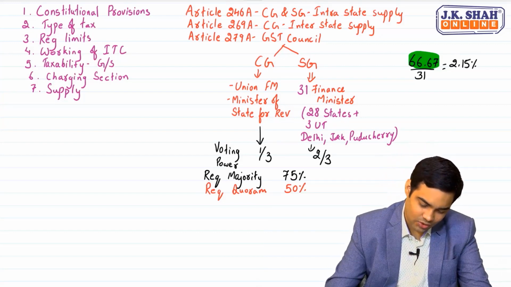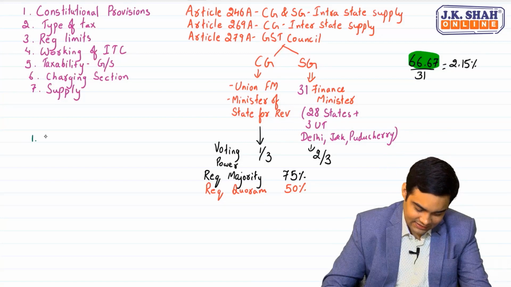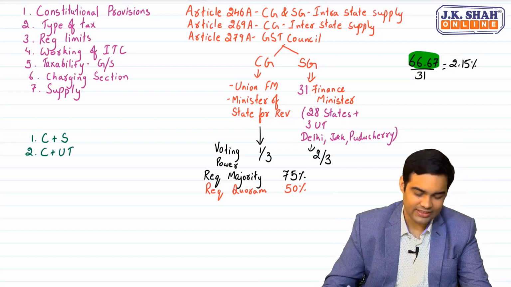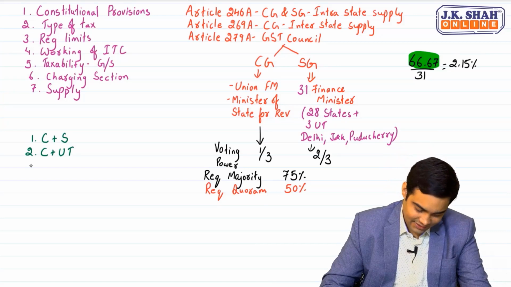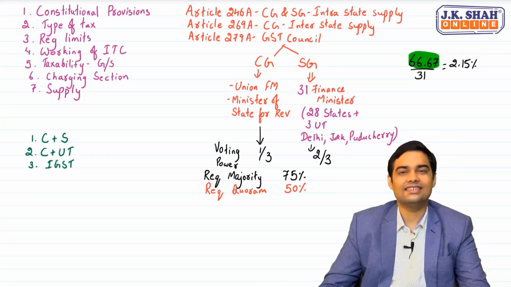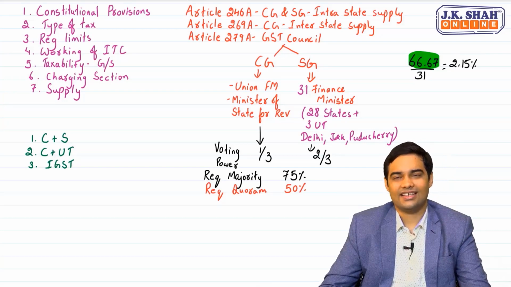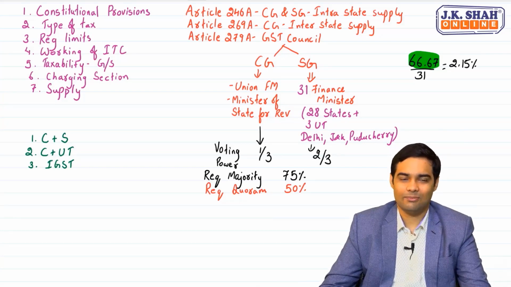The first combination is CGST plus SGST. The second combination is CGST plus UTGST. The third one is IGST. There are only these 3 combinations of taxes which can be charged. Now let's discuss each of them.